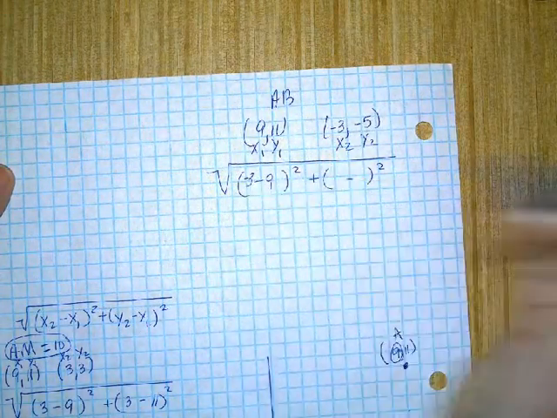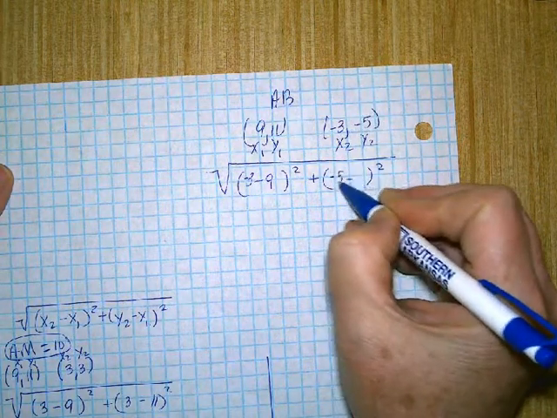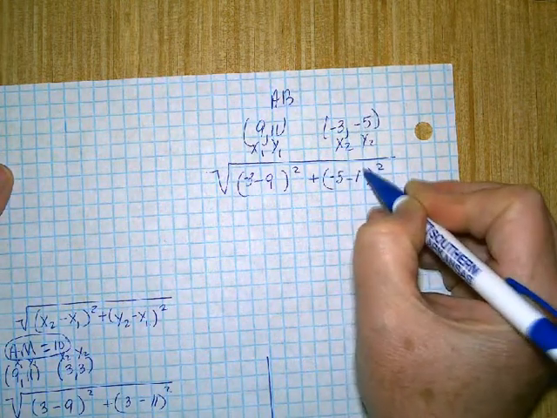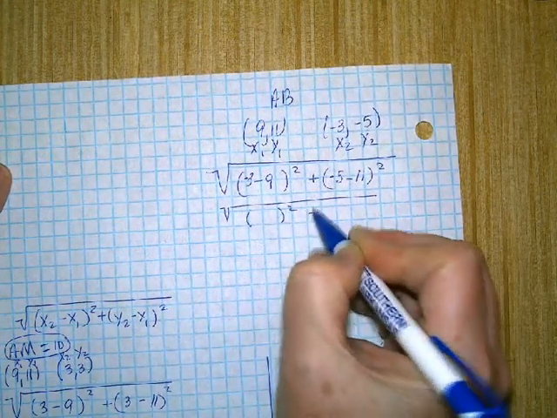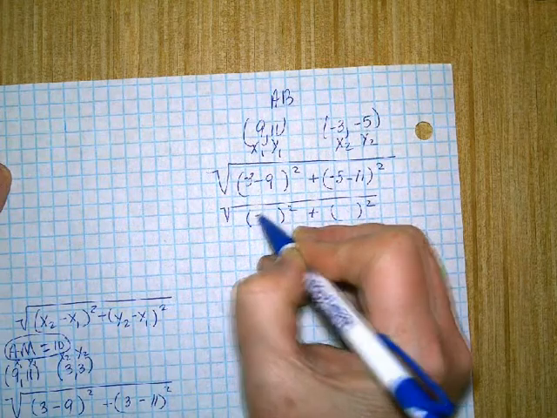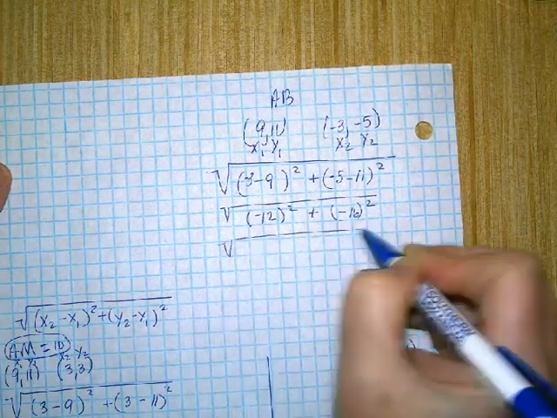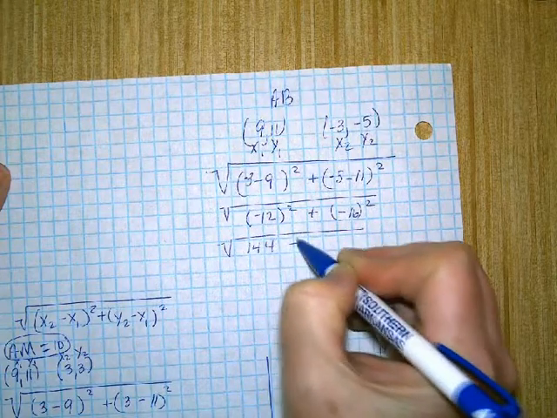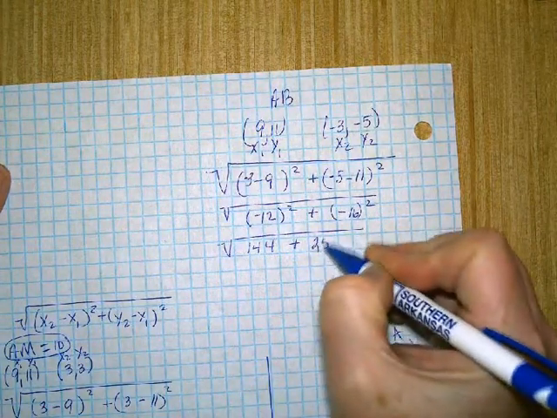Okay. Good. What's this going to be? Negative 12 and negative 16. So this is 144, 256. Somebody check me and be sure it's 256.